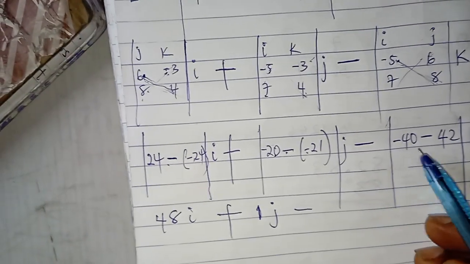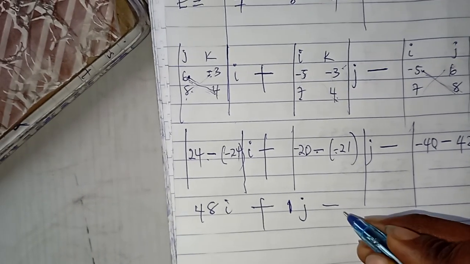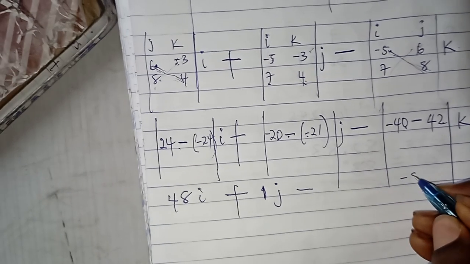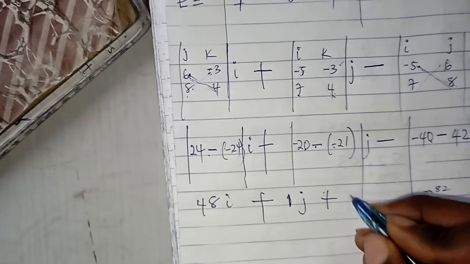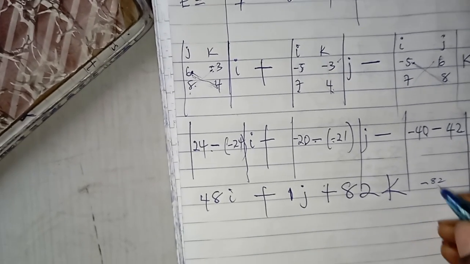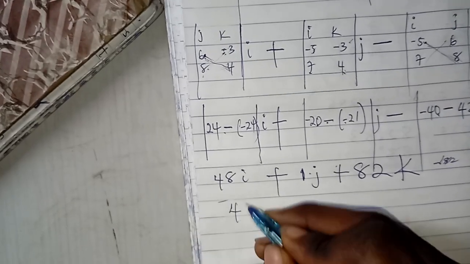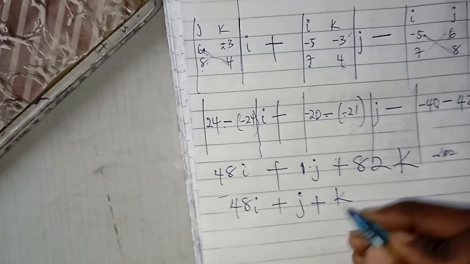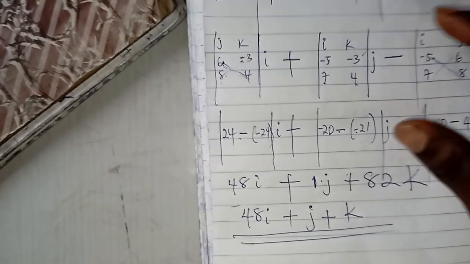Then minus 40 minus 42 gives minus 82, and so minus 82k. So D cross E is 48i plus j minus 82k. This is my answer for the cross product.